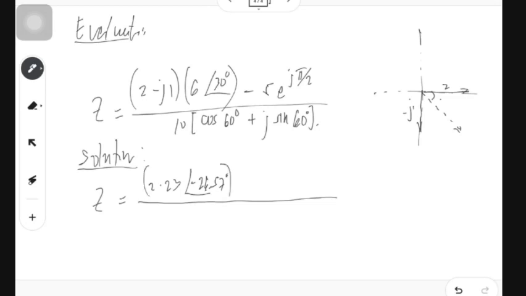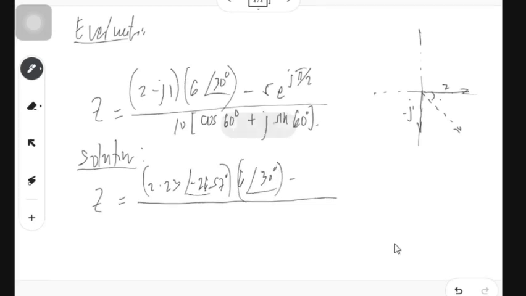So multiplied by 6 bar angle of 30 degrees. Then minus, you have 5 e to the j pi all over 2. Then this 10 cosine of 60 plus j sine of 60 can be converted into rectangular form. Knowing that cosine of 60 is 0.5, pakisimplify nga. 10 cosine of 60 plus j sine of 60.